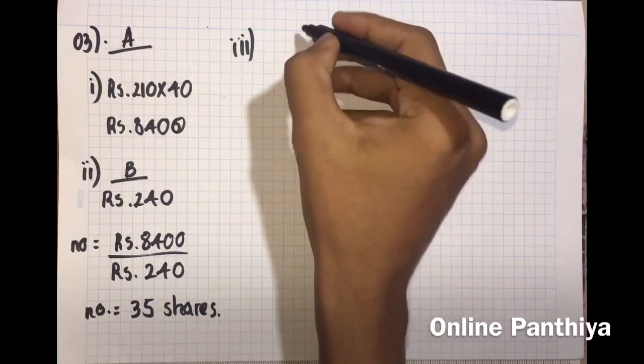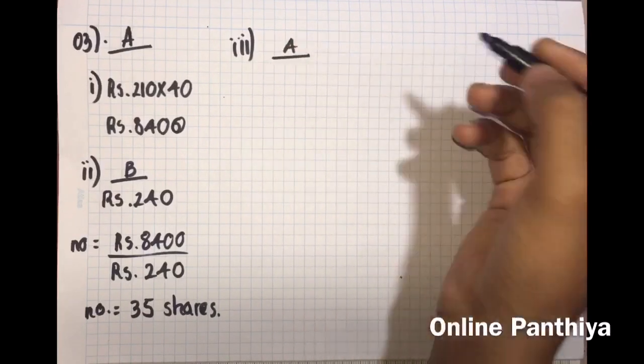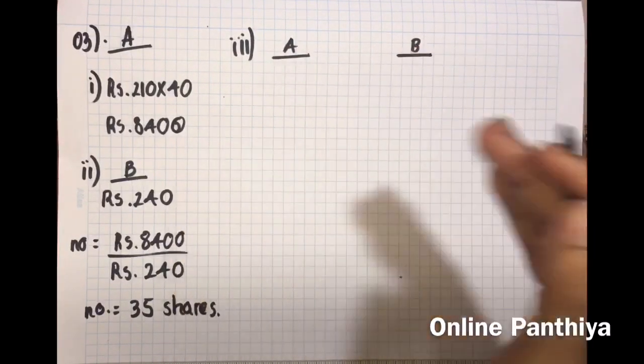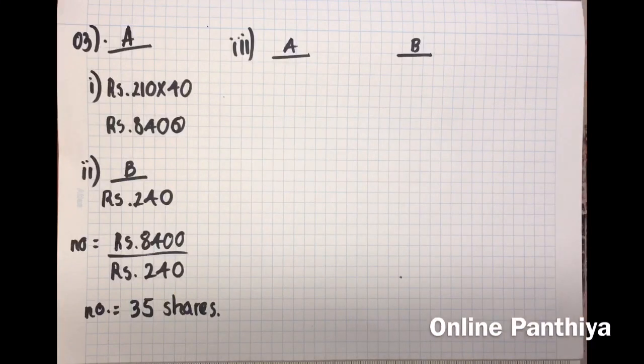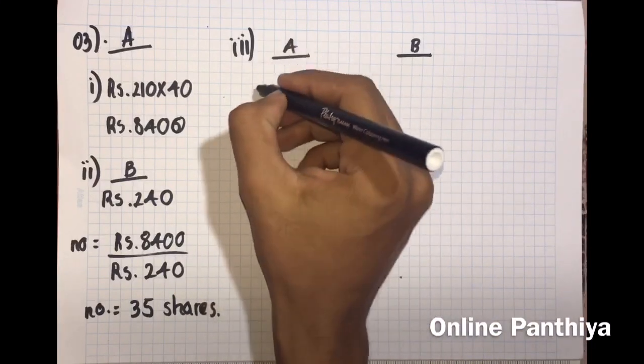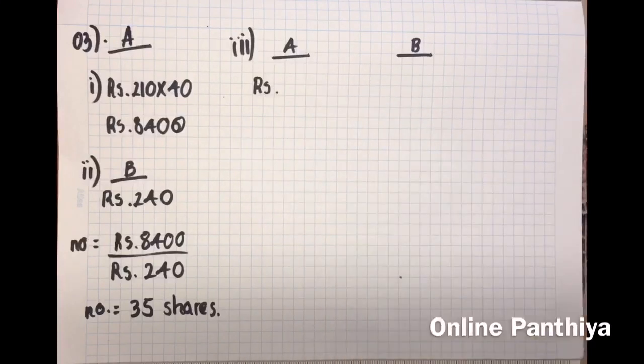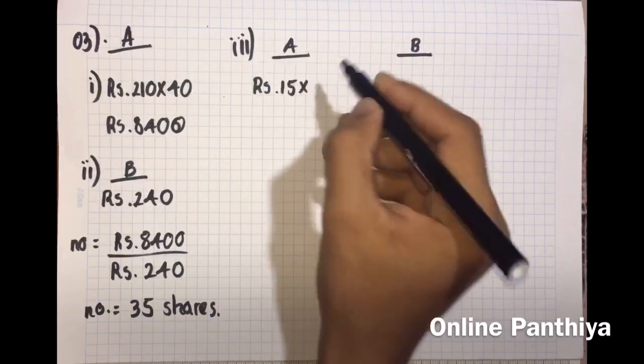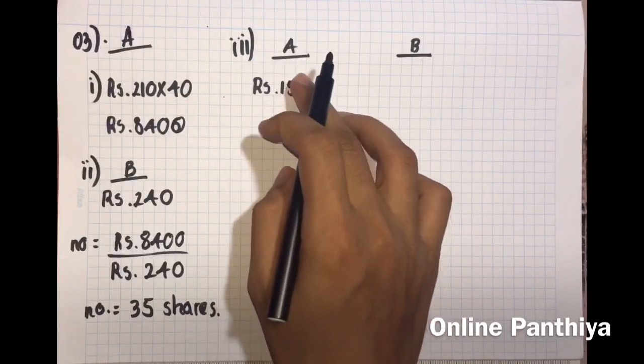For that, what should you do? First find the total from company A, then find the total dividend he gets from company B, and then find the total of both. Now from company A, for a share, how much is the dividend they pay? They have said 15 rupees per share. And in company A, how many shares did he own?